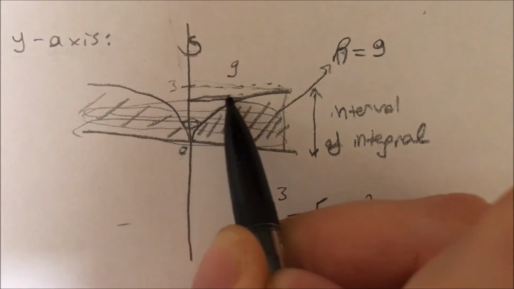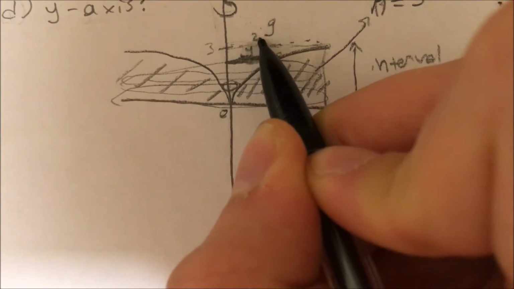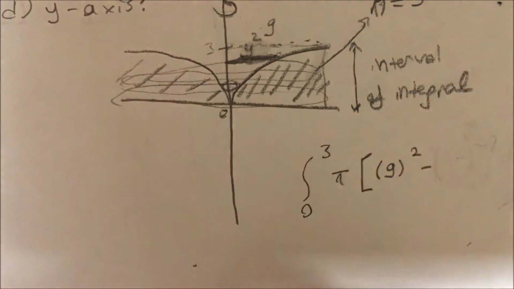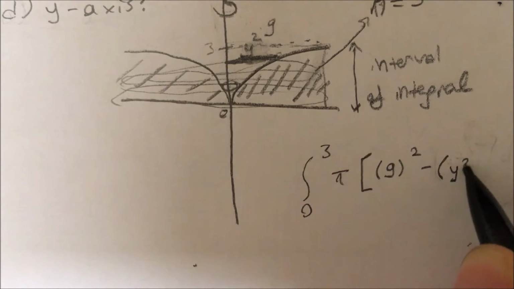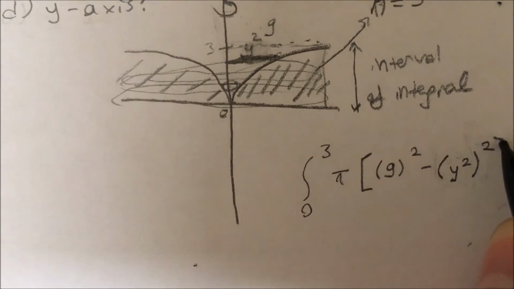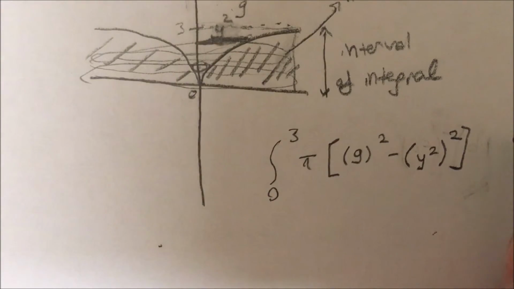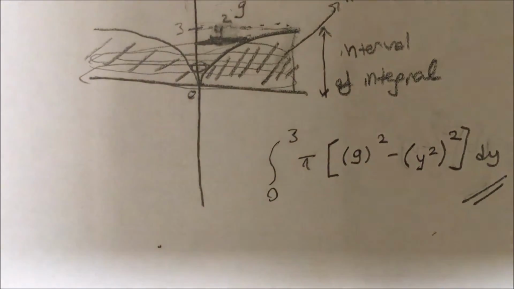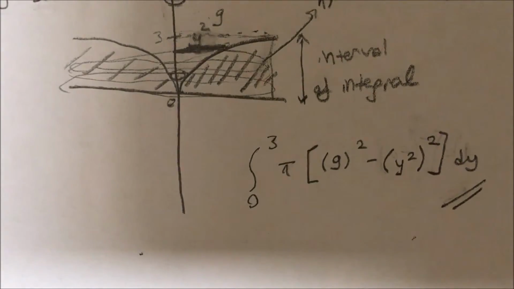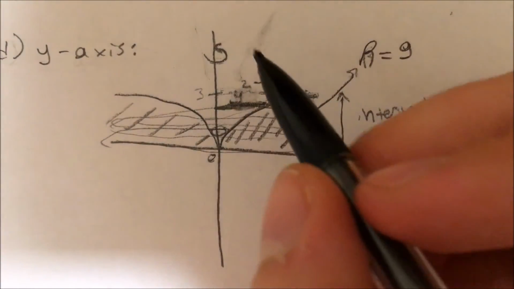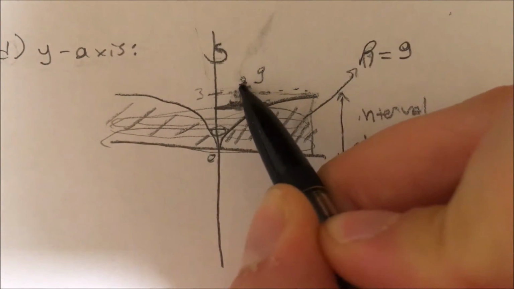And those are 9 minus y squared. Why y squared? Because since our equation was y equals root x, our x is equal to y squared. And since those are equal to x values, we should write y squared instead of the small r, and this becomes our final equation to find the volume of the solid.